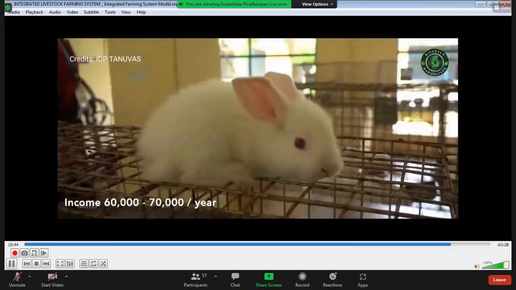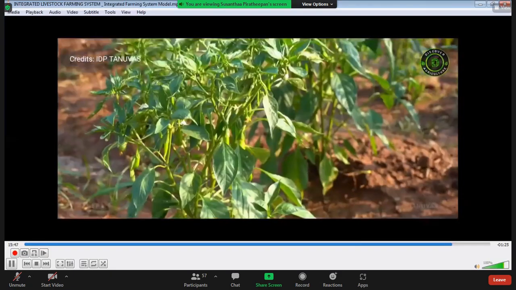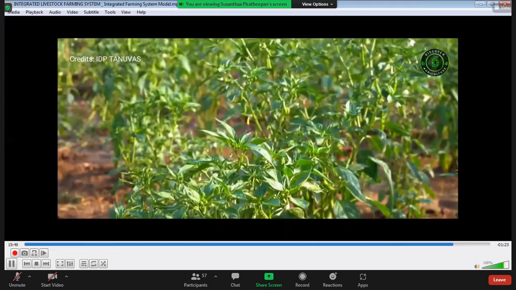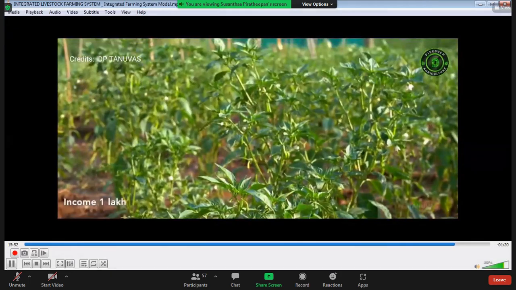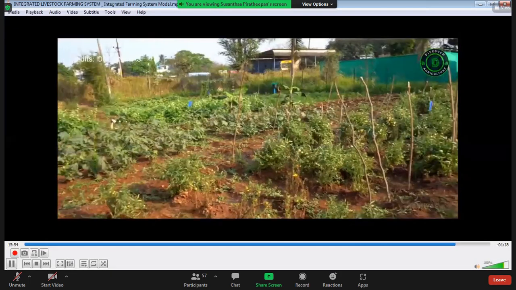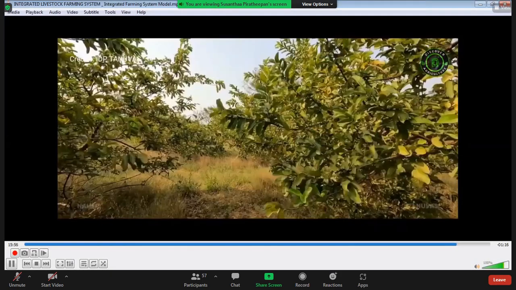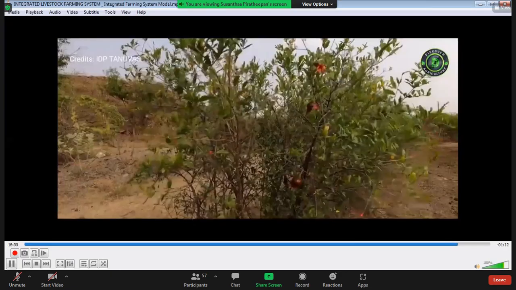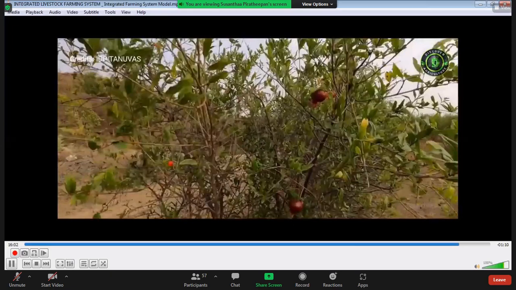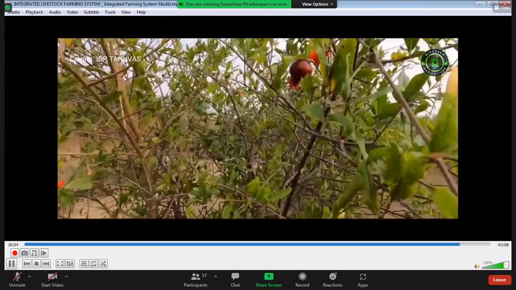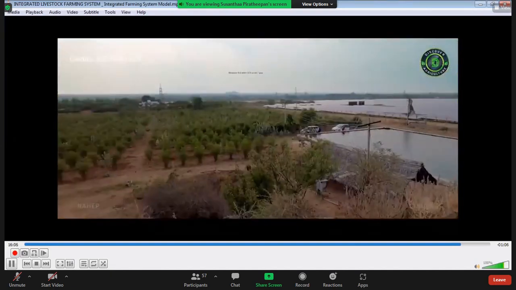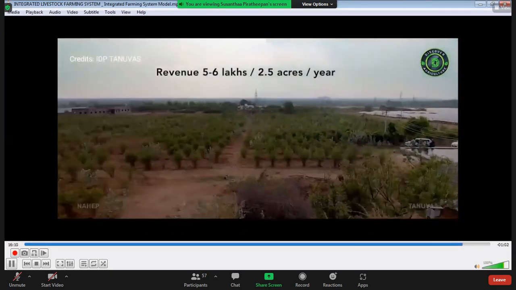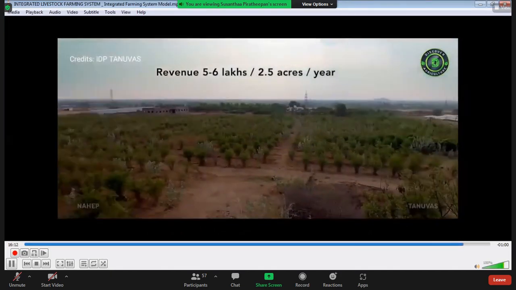In the case of horticultural unit of Horti Silver Pasture Enterprise, a sum of rupees 1 lakh may be generated by harvesting and sale of fruits like guava, sapota and pomegranate per year from the second year onwards. Thus, a total revenue of 5 to 6 lakhs may be obtained per year from 2.5 acres of land in dry land integrated farming.